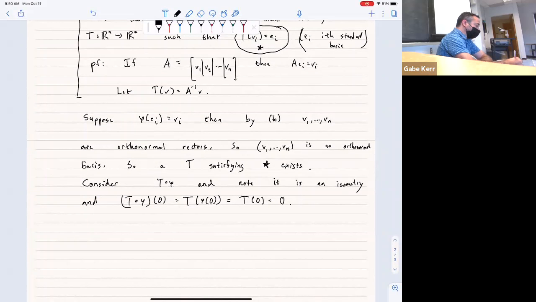Now let B equal the actual concrete column vector A1 through AN.